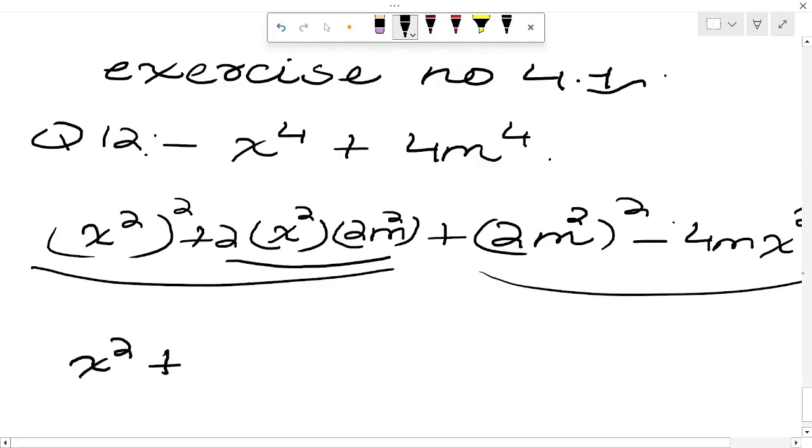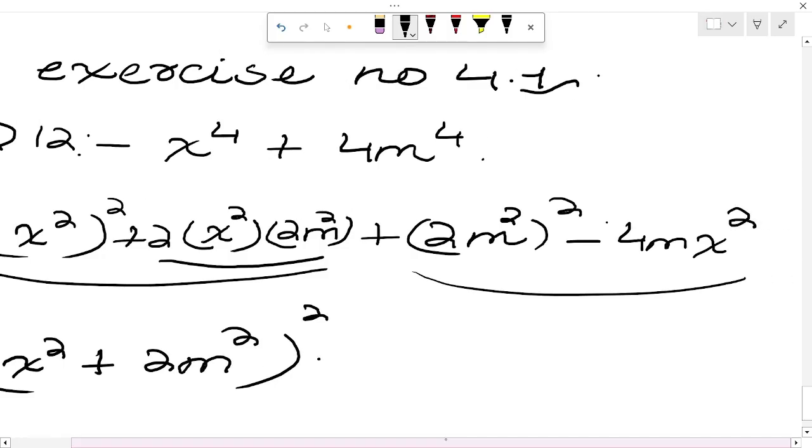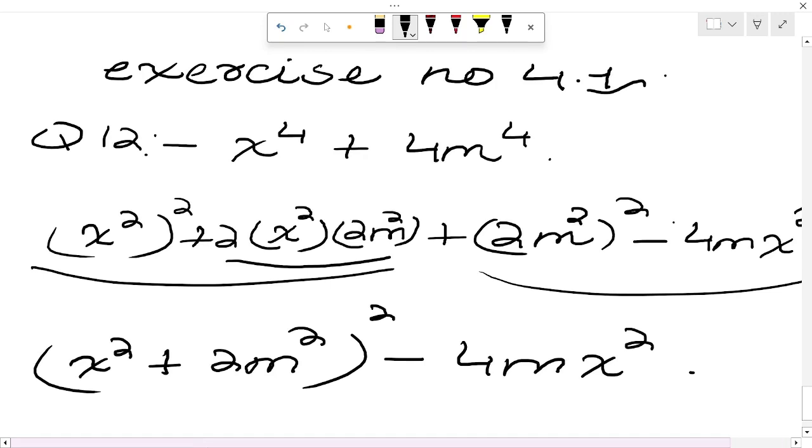It will be added with 2m square, which is our second term, whole square. First, and then we will subtract this from 4mx square. Okay, so we have written this as it is. Now as you can see, now what is the difference between these two?